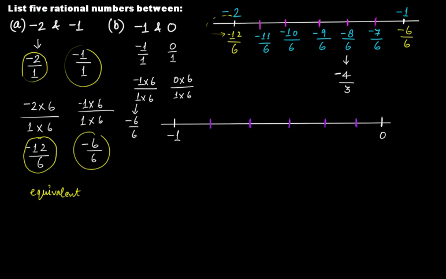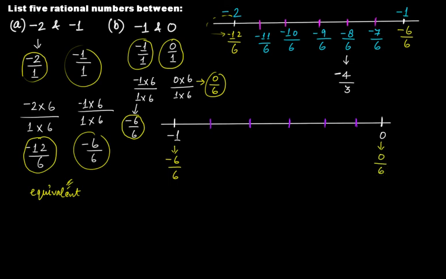So this minus 1 over 1, that is nothing else but minus 1 only, and this minus 6 over 6 are actually equivalent rational numbers. So this minus 1 can be written as minus 6 over 6 and this can be written as 0 over 6. So this 0 over 1, that is nothing else but 0 only, and this 0 over 6, these are actually equivalent rational numbers.